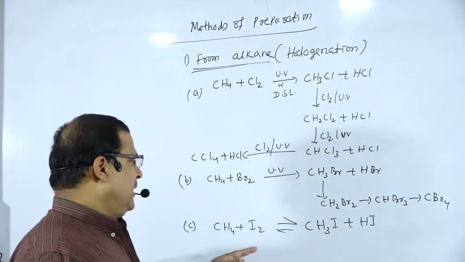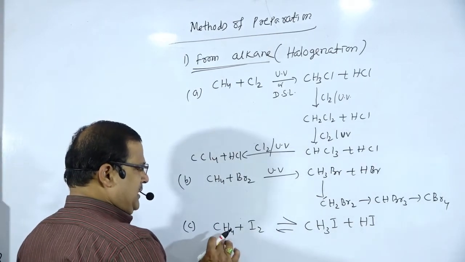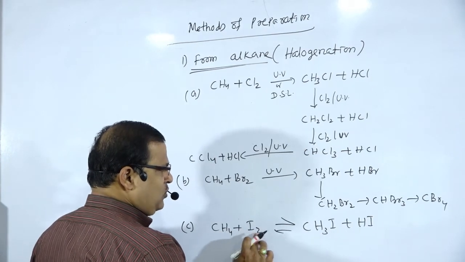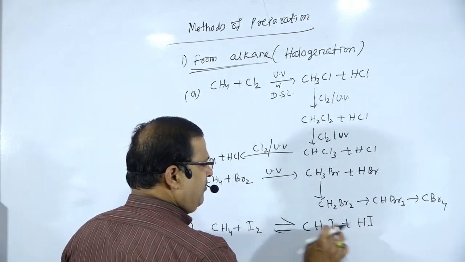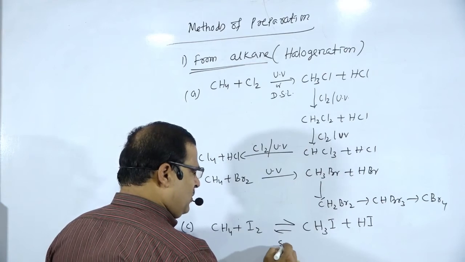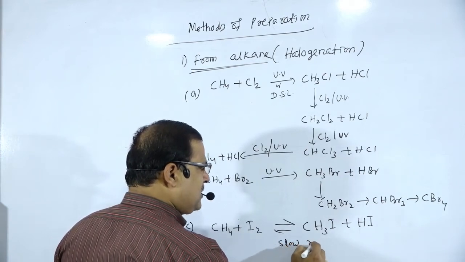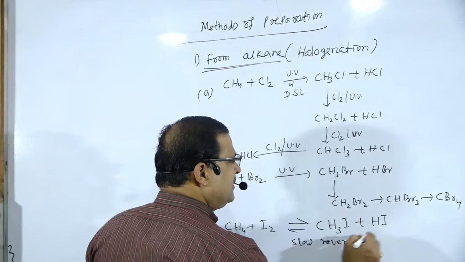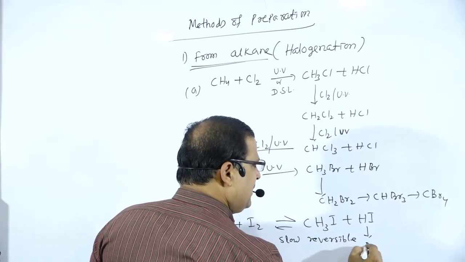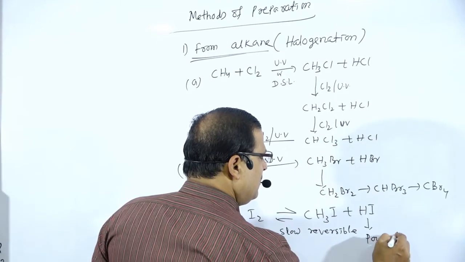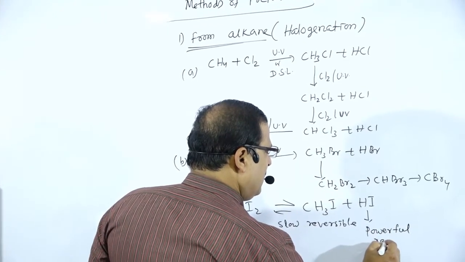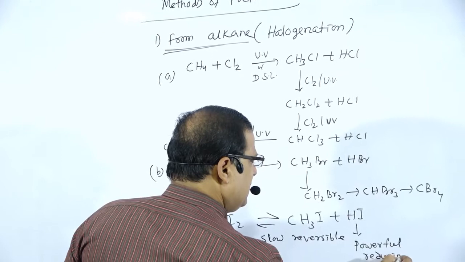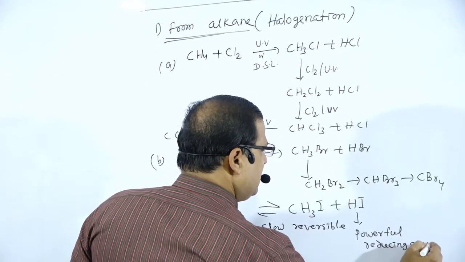Why? The reaction is slow. CH4 treated with I2 forms CH3I and HI. The reaction is slow and reversible, because HI is a powerful reducing agent.